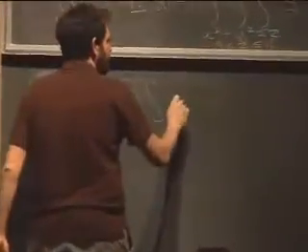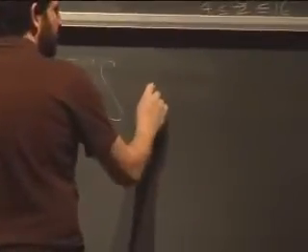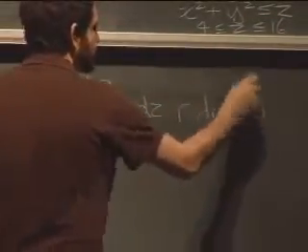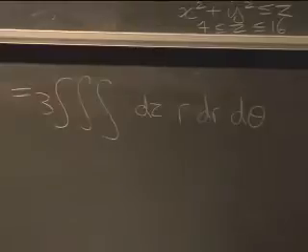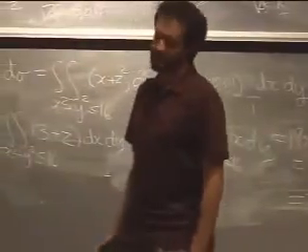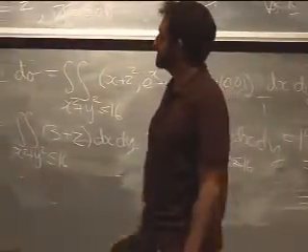and write this as the 3 can come out. This is going to be, in cylindrical, something like dz r dr d theta. Now, this will be the most useful thing if, for fixed r, you have a nice value of z. But that's not what you have.